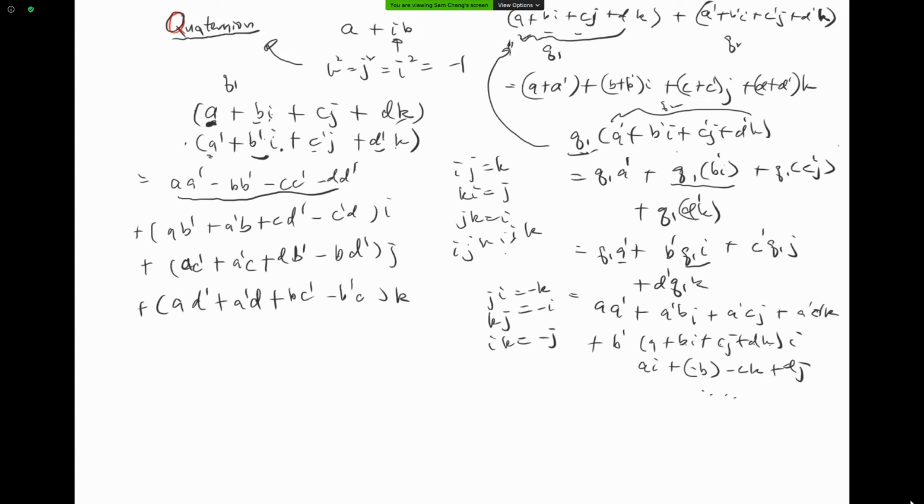if we think of B, C, D here as weighted by i, j, k, instead of A plus U, and U is a kind of vector defined by this ijk here. So what I mean is, this first one, let's say Q1, if I write it as A plus U, and Q2 as A pi plus V, where U is bi plus cj plus dk.